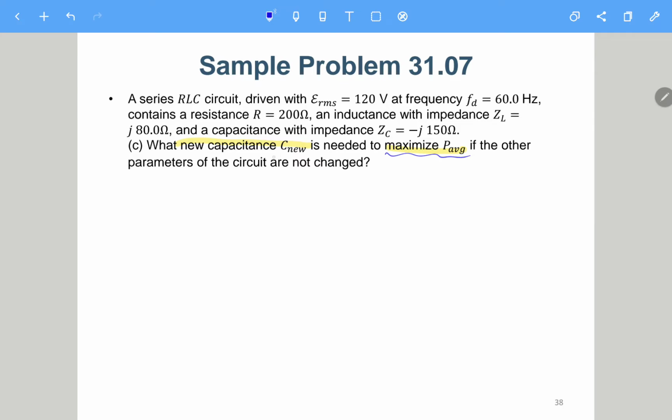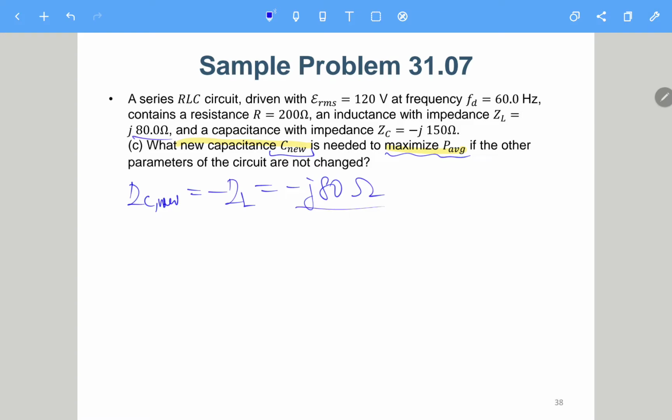We need to make Z new to be negative of ZL, which is negative J80 ohm.